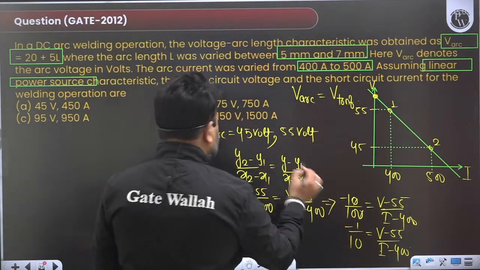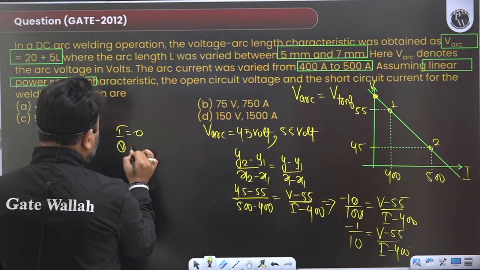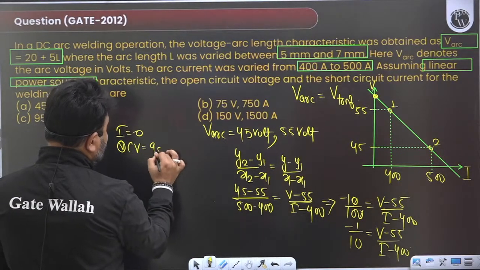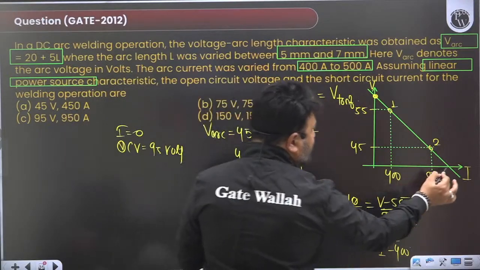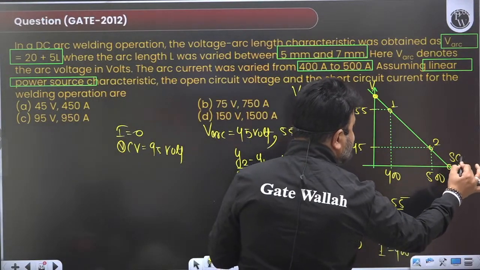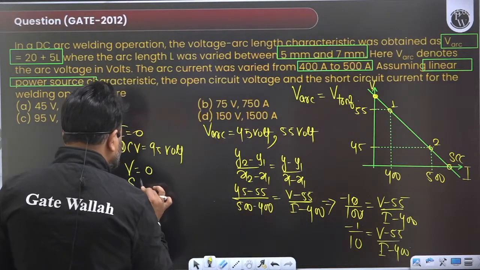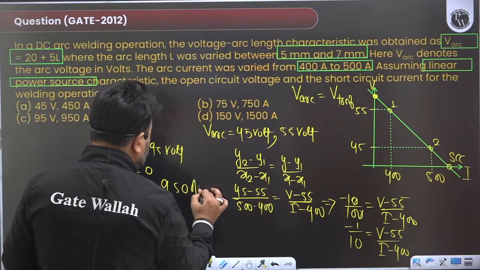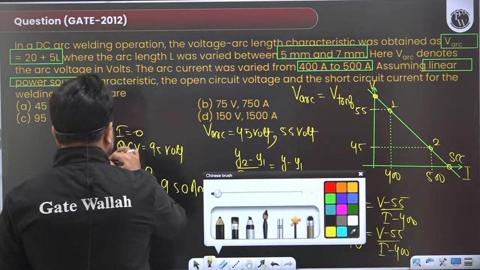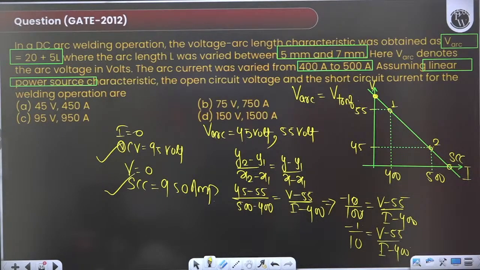So when I is 0, you get the open circuit voltage, that is 95 volt, from this equation. And when V is 0, you get the short circuit current. If you put V as 0, then the short circuit current is 950 ampere. Okay, clear? Clear?